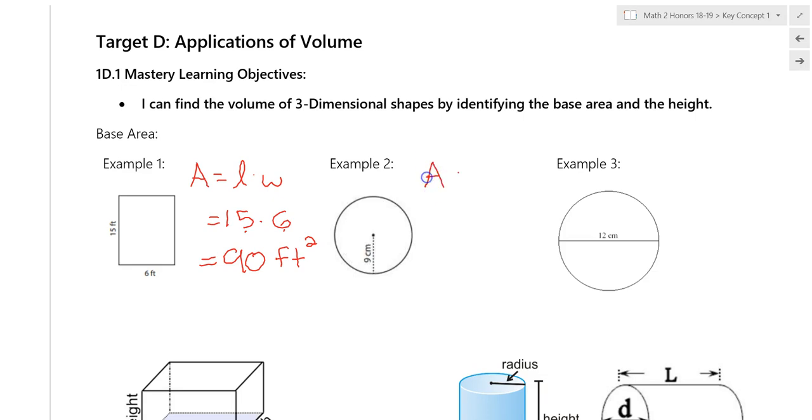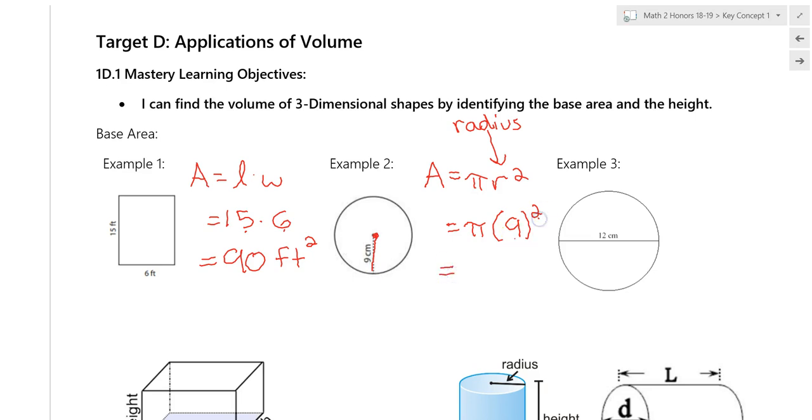The area of a circle, if we remember, is pi r squared, where r represents your radius. My radius is 9 here, right, from the center out.